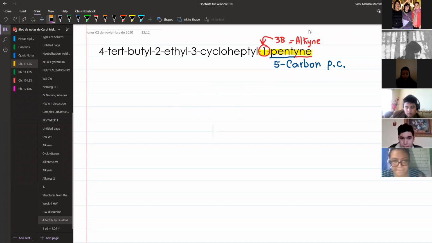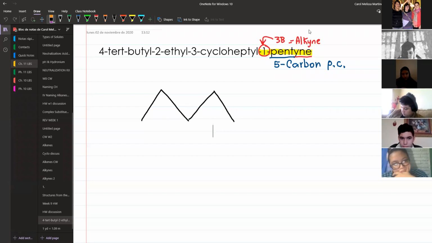Bueno, sigamos. So what I do in the first place, right now I'm going to work only with the skeletal, okay? I'm going to do different for each example. For the skeletal, I just need to show lines and angles, okay? And as I need a 5 carbons parent chain, I will draw 2 mountains. One mountain, second mountain.